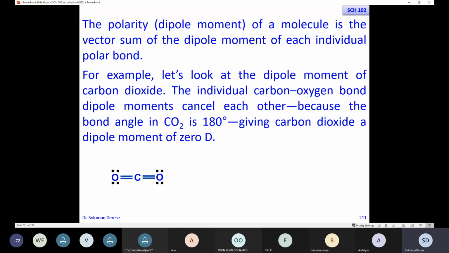You would have carbon and two oxygens, with one oxygen down, the two double bonds separated by 120 degrees. It would have been something like that. But that's not the case. The hybridization of the carbon is sp. Now, why is the hybridization of the carbon sp when you can see the carbon is involved in double bonds?